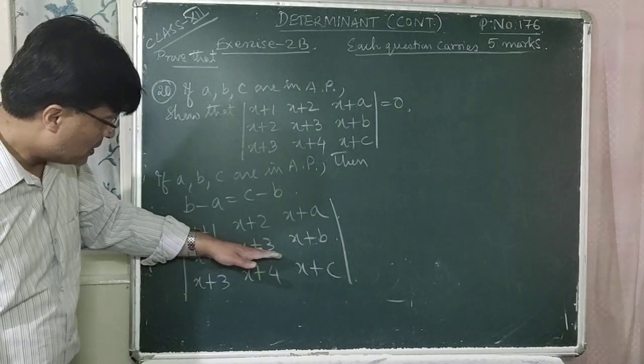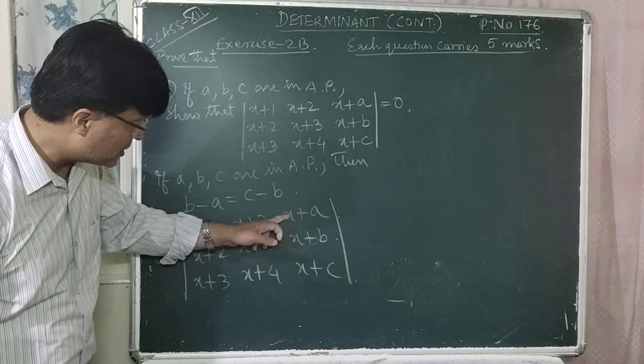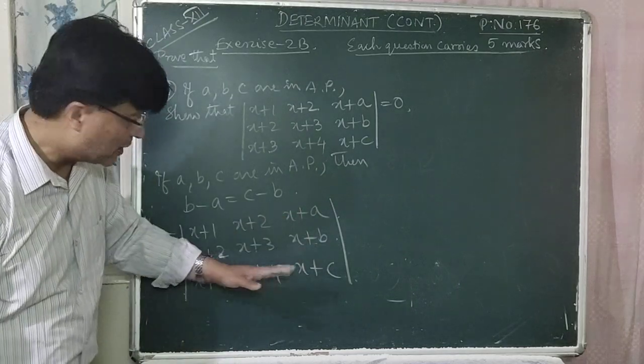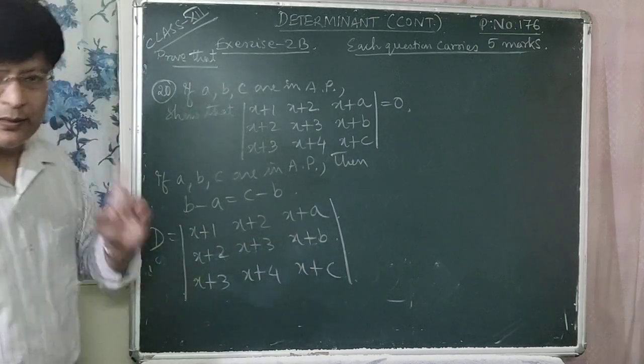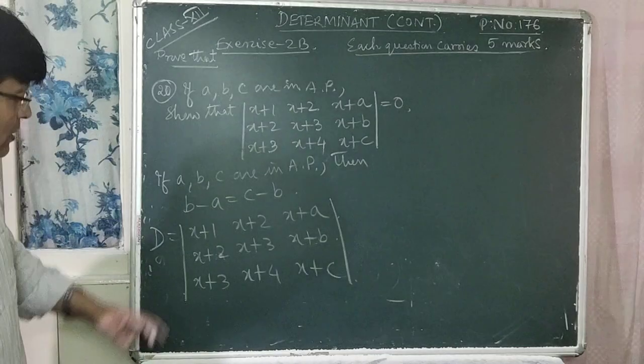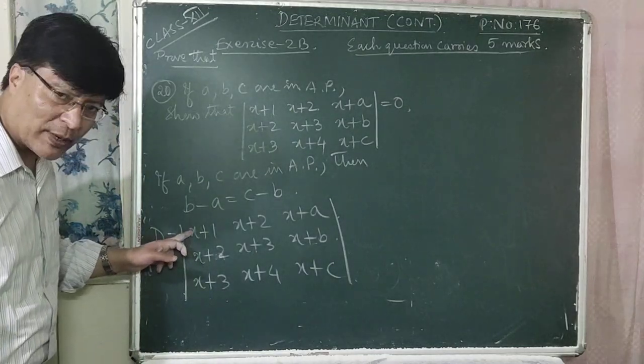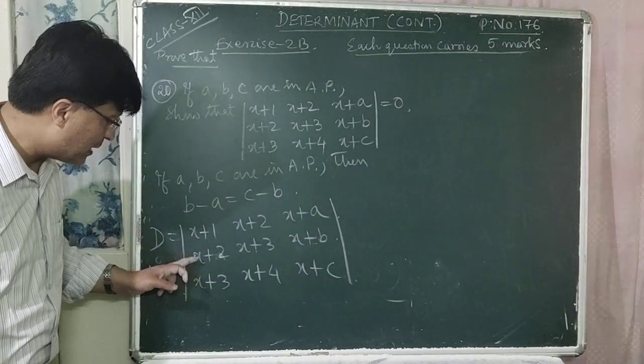So how can you make it B minus A? That is, here R2 minus R1, isn't it? X is cancelled, B minus A. Then comes R3 minus R2. Here also X is cancelled, we get C minus B. That means we are using the property R2 dash is equal to R2 minus R1 and R3 dash is equal to R3 minus R2.